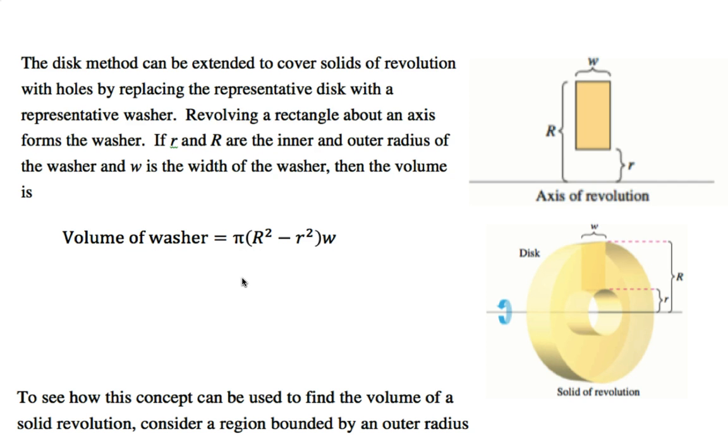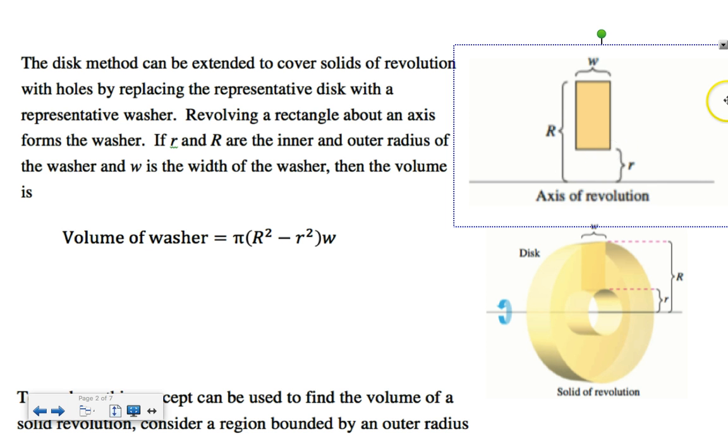If little r and big R are the inner and outer radii of the washer, and W is the width of the washer, then the volume of that washer is pi times big R squared minus little r squared times W. So let's just take a look at the picture of it. If this is my representative rectangle here, there's going to be some space in here that will give me a hole, right?